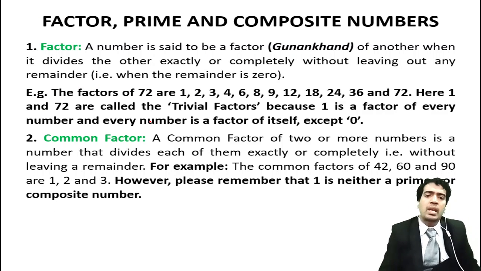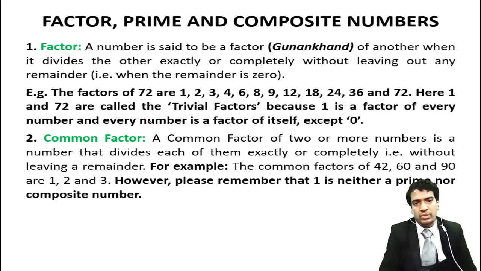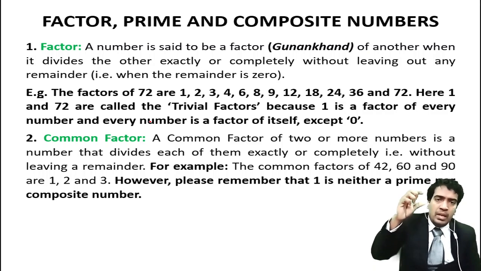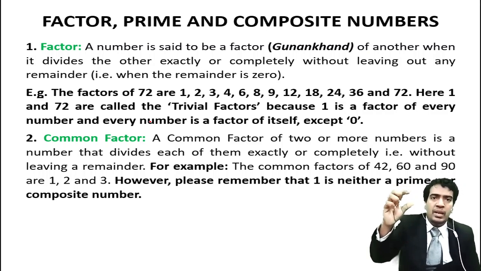Now let us look at the definitions of what is a factor, what is a prime number, and what are composite numbers. Now, in mathematical terminology, a factor is any number which when it divides another number exactly and leaves a remainder 0, you would call that number a factor. As I said, the number being divided is the dividend.